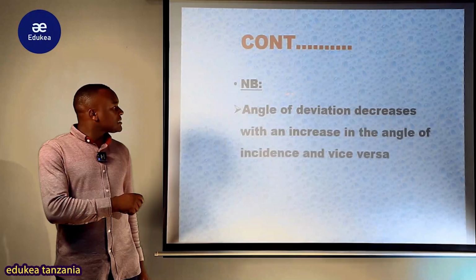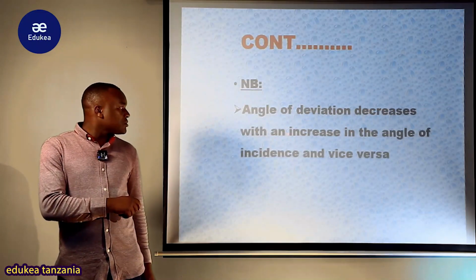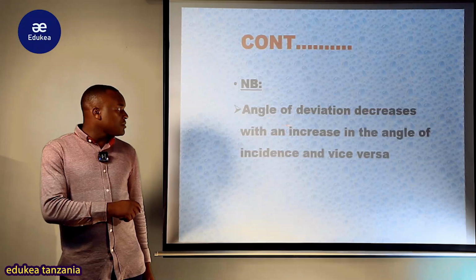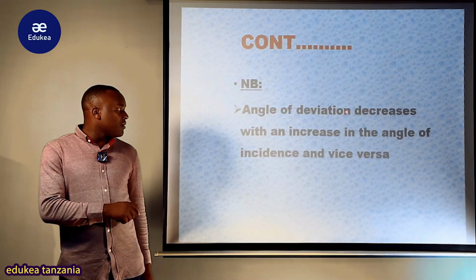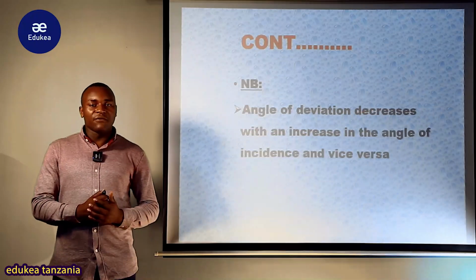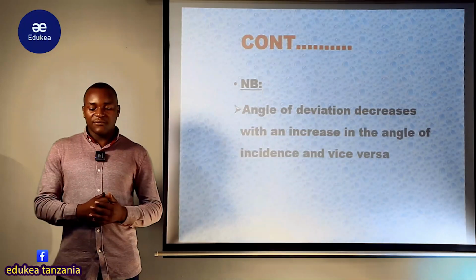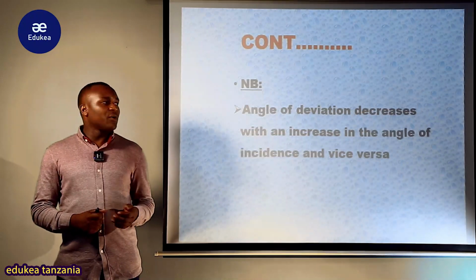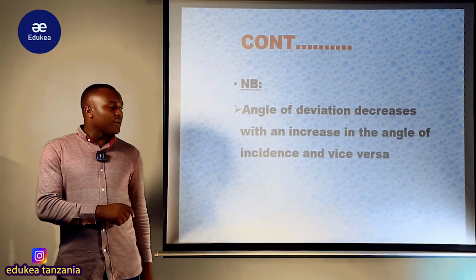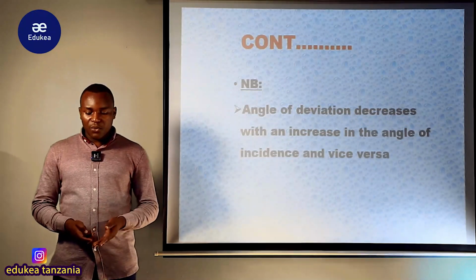Okay, we say that angle of deviation decreases with an increase in angle of incidence and vice versa. So as you increase the angle of incidence, you decrease the angle of deviation. Kwamba angle ya incidence inavyozidi kuongezeka ndivyo angle ya deviation inavyozidi kupungua.